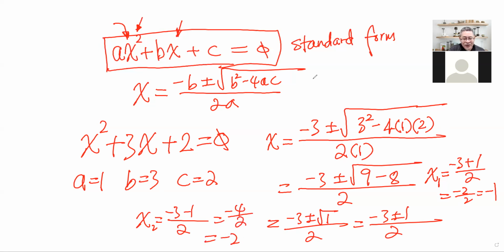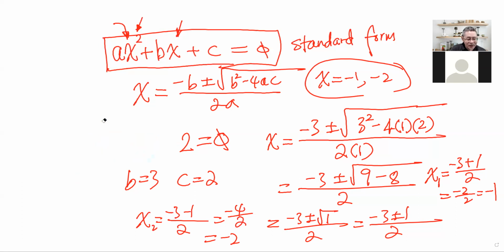So now our answer is negative 1 and negative 2. Good? Yeah, so now it becomes easy. We just plug in whatever we have into the formula.